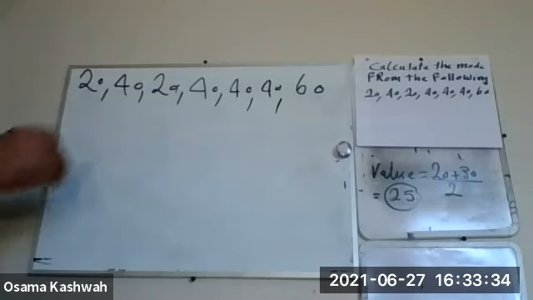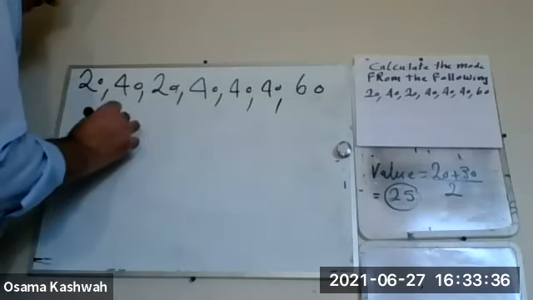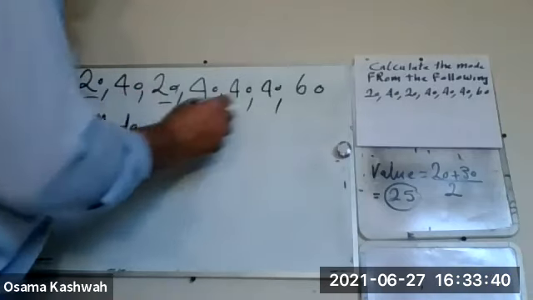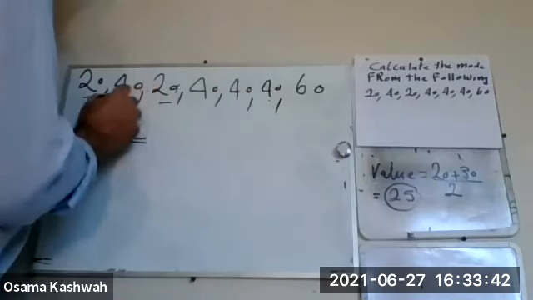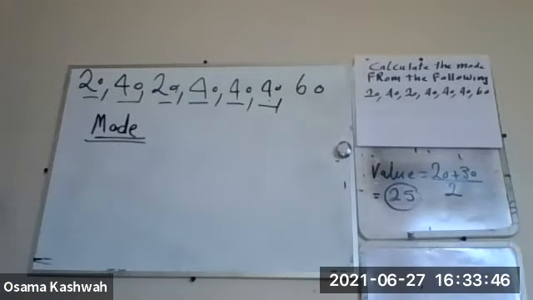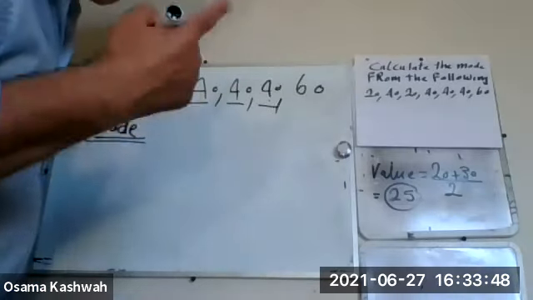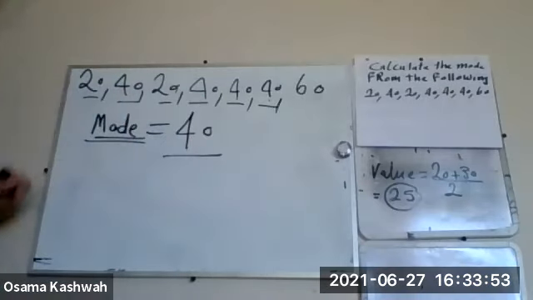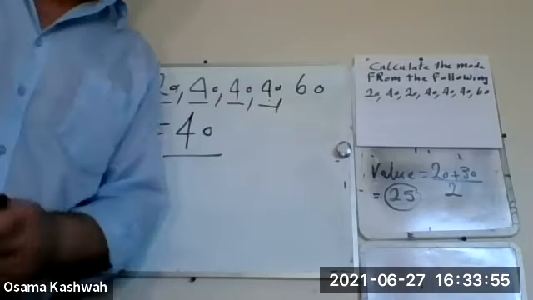Now the mode here is the most repeated, the highly repeated. I have 20 repeated too, but 40 is more repeated. 40 is repeated 4 times, but 20 is repeated 2 times. If I want to select one mode only, then I will say the mode is 40 because it's the most common repeated value.